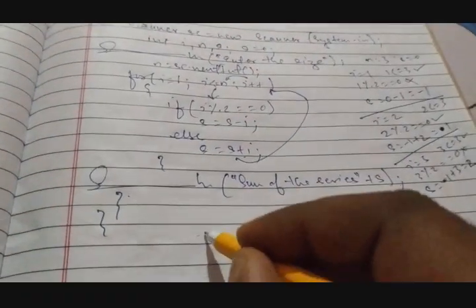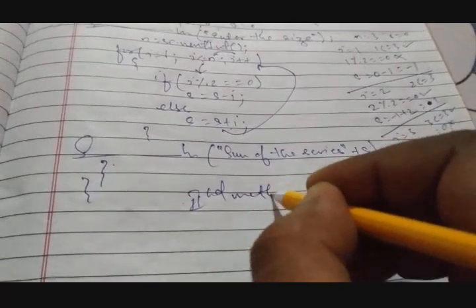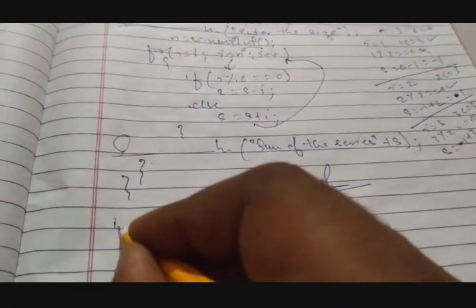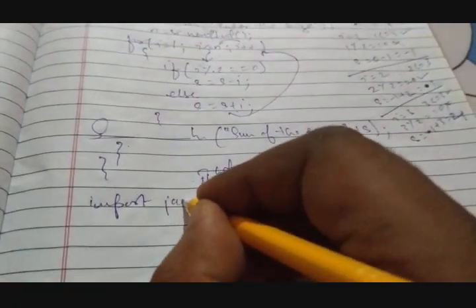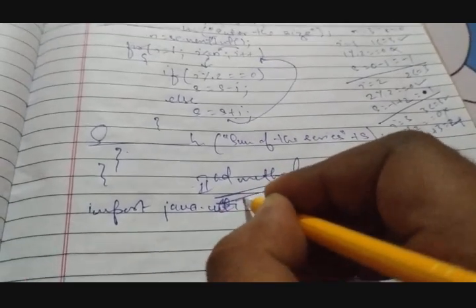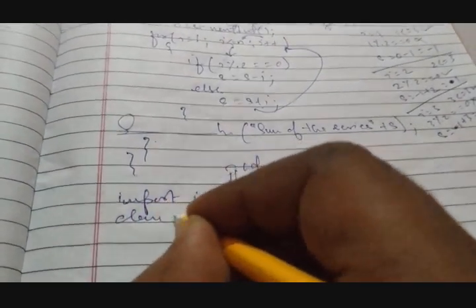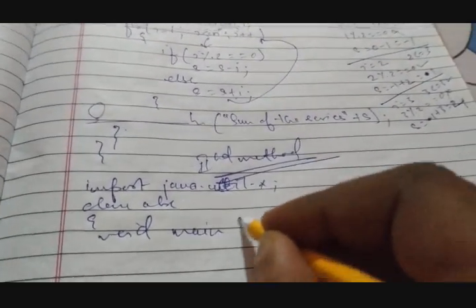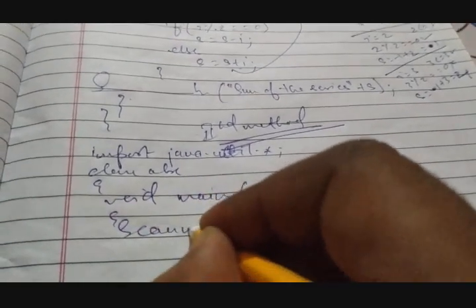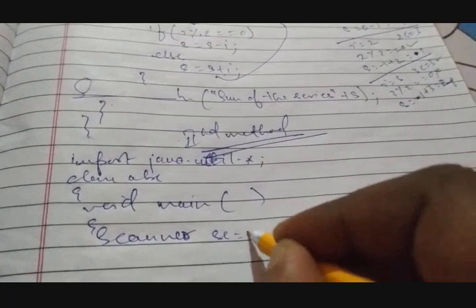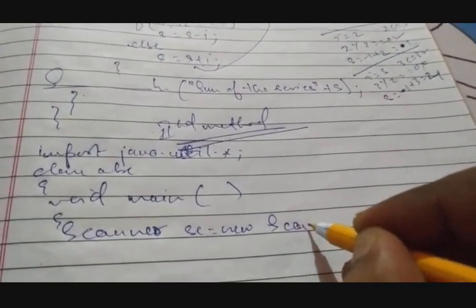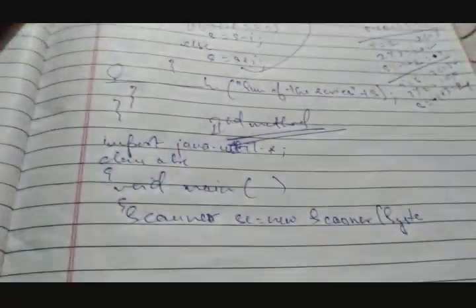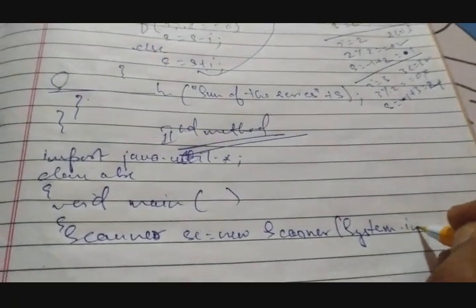Now the second method. So again we start from import java.util.*; class abc, void main, Scanner sc equals to new Scanner(System.in).